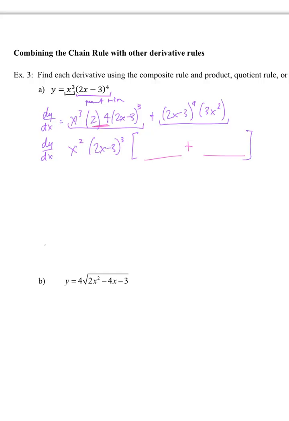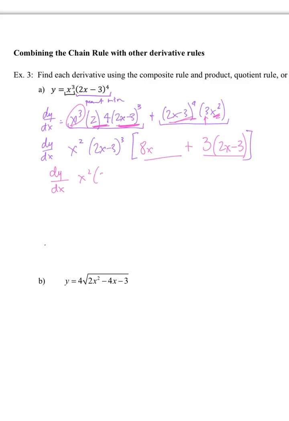Here, I still have 8. Here, I still have 1x, but I have no more of these parentheses. They all got pulled out. On the second term, it looks like I still have this 3. I don't have the x squared, right? They got pulled out. And we pulled 3 of these out, so that means I still have 2x minus 3. Okay, so now let's clean this up just a little bit more.